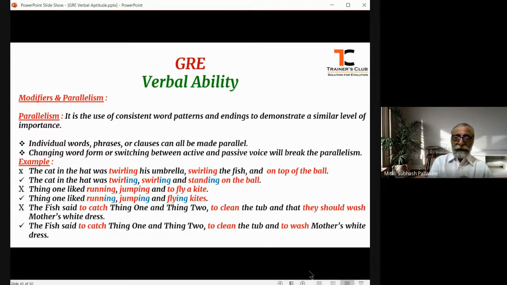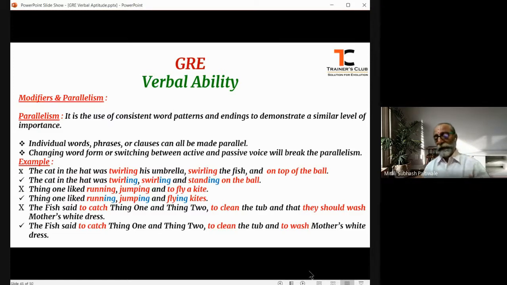Here you can see the consistent word pattern has been used, but the words are not in the right form. To make it right, the parallelism will be: the cat in the hat was twirling, swirling, and one more ing form should come, standing on the ball.